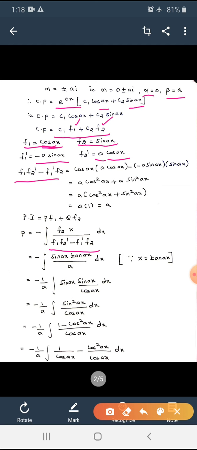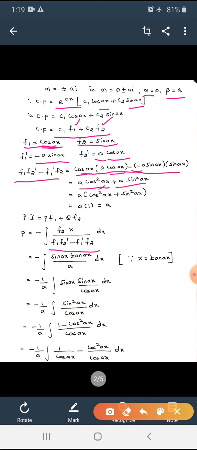So we are calculating the denominator term. Here cos ax into cos ax, if you multiply, we get cos square ax. A is a constant, so we get a cos square ax. And in the second term, minus into minus will be plus, sin ax into sin ax is sin square ax, and a is a constant, so we get a sin square ax.